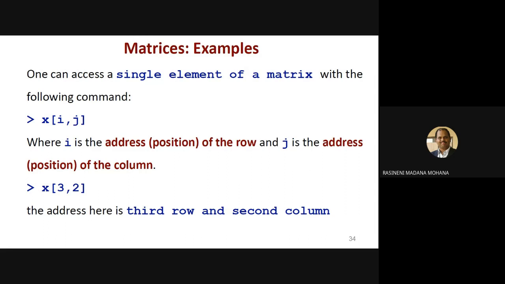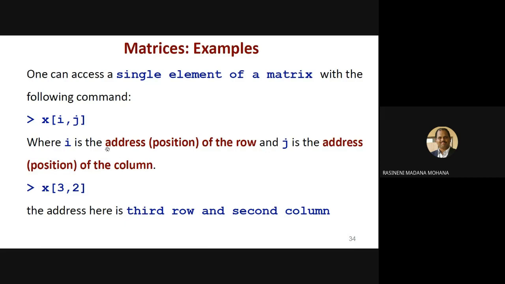Now if you want to perform some operations, before that, if you want to find a particular value from the matrix with a particular row and column combination, one can access a single element of a matrix with the following command. Using the matrix name within square brackets, you can mention the index or position of row and column. So i is the position of the row, comma j is the position of the column.